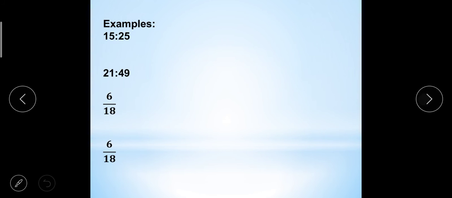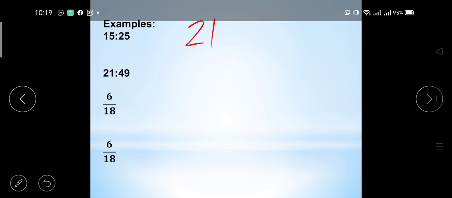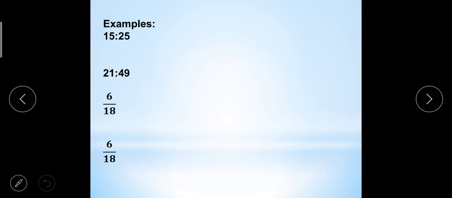Okay? Let us have number 2, 21 and 49. What is the common factor na pwede nating gamitin to divide 21 and 49? Adam. Ano pong number yung pwede natin gamitin as divisor sa 21 at 49?